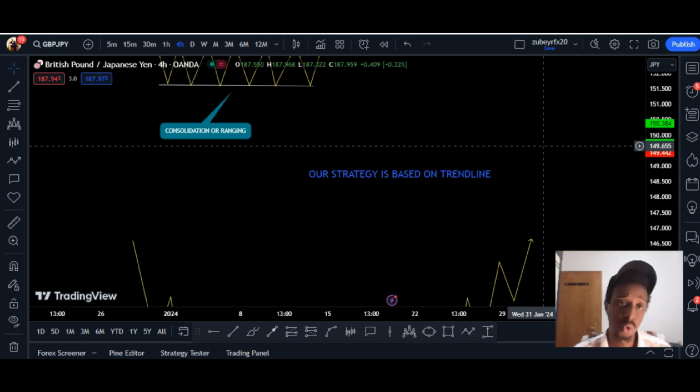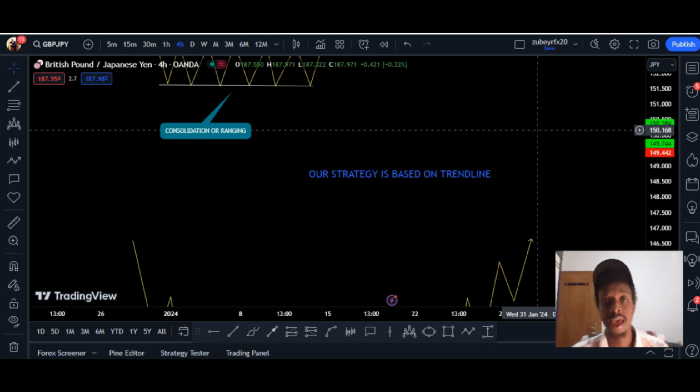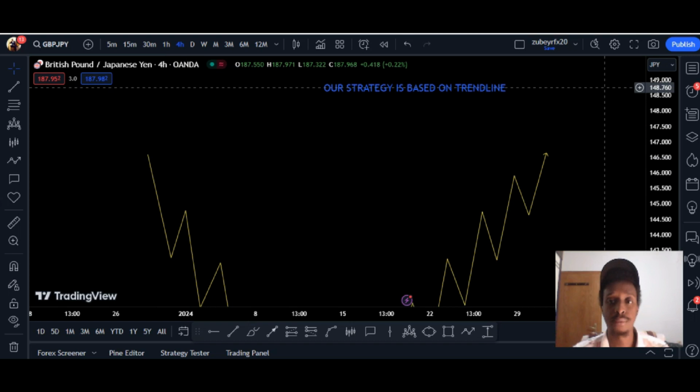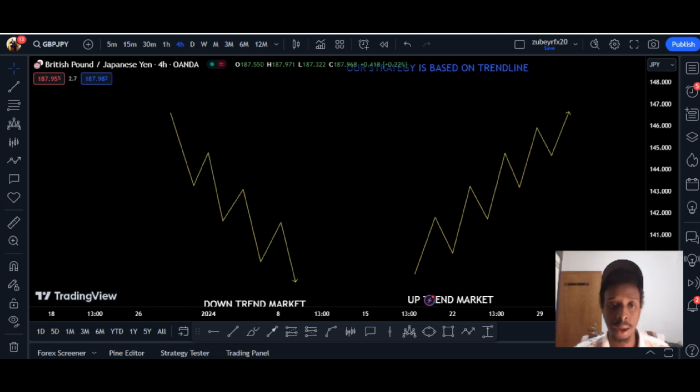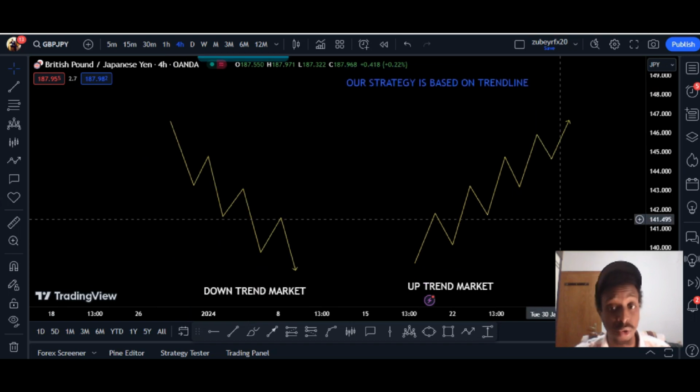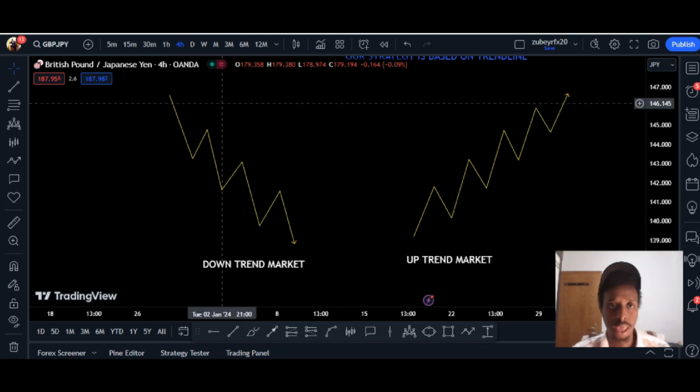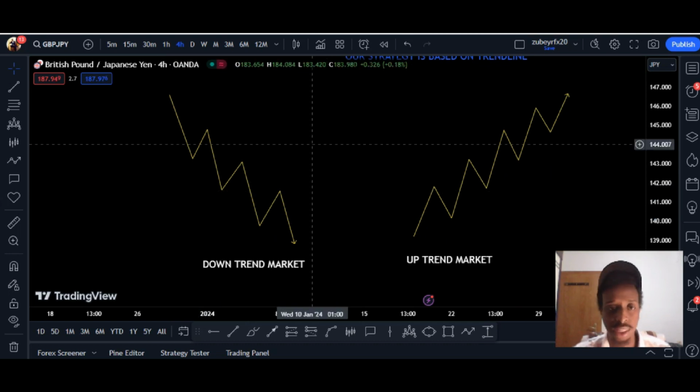Guys, you have seen me so many times analyzing the market. Our strategy is based on trend lines, and of course we also trade pure market structure. First let's talk about uptrend and downtrend markets. In this picture you can see a downtrend market.